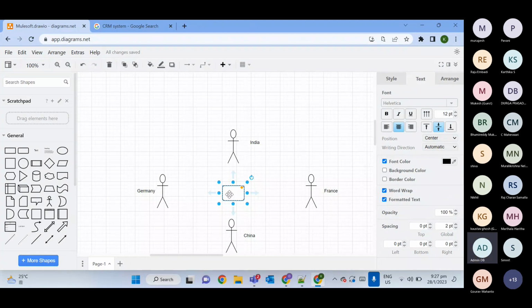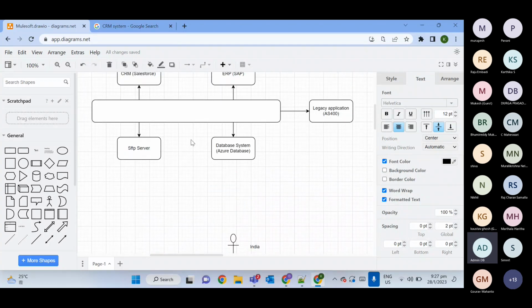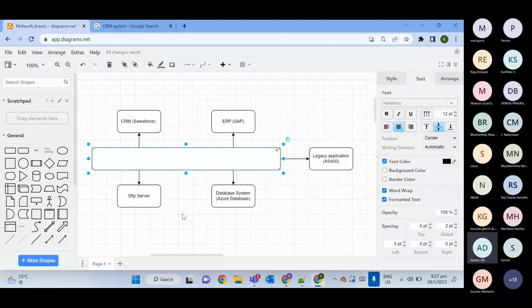So how this translator works in real life, same way this integration technology works in the technical world. So this integration technology has the capability to connect with each system, and it can do the required transformation. So throughout your career in MuleSoft, you will do the same thing only. You will connect with different systems.